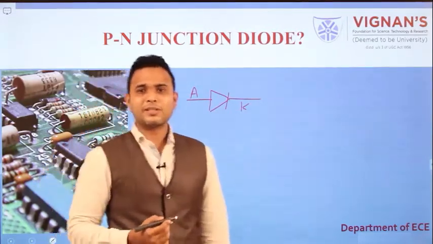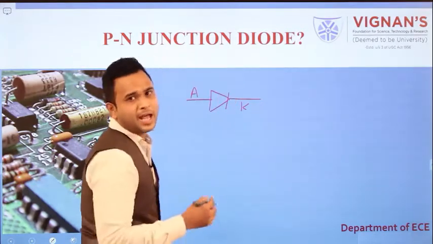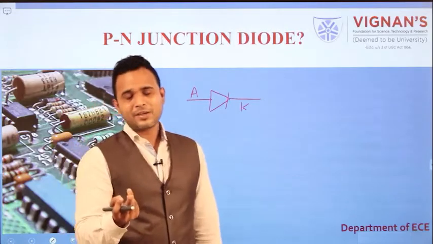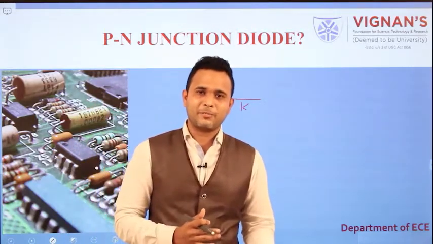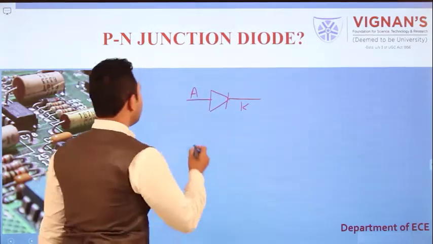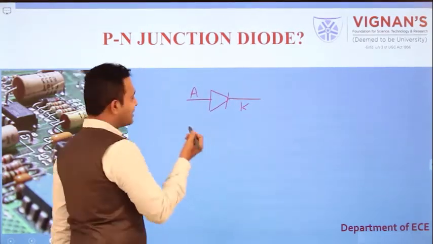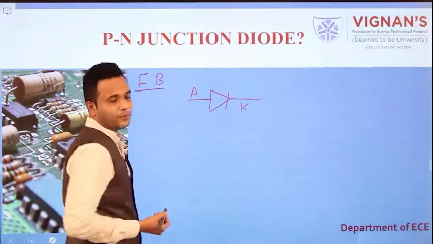The PN junction diode works in two biasing modes. What are those two biasing modes? I will explain the basic operation of the PN junction diode, and with the help of that basic operation we will go to today's topic. So what are the two biases? The first bias is the forward bias. What is meant by forward bias?